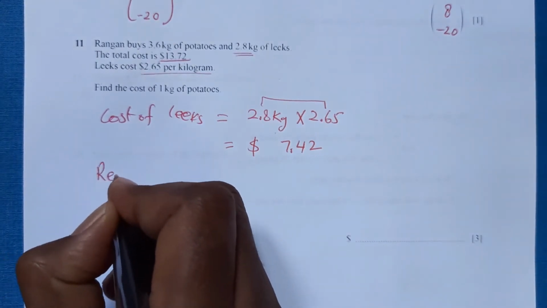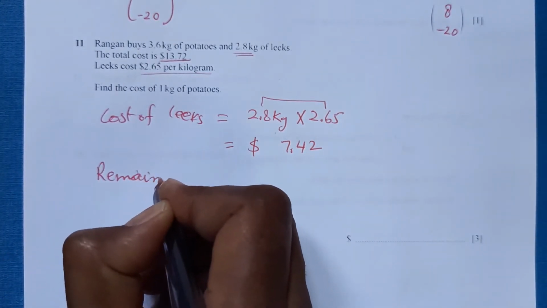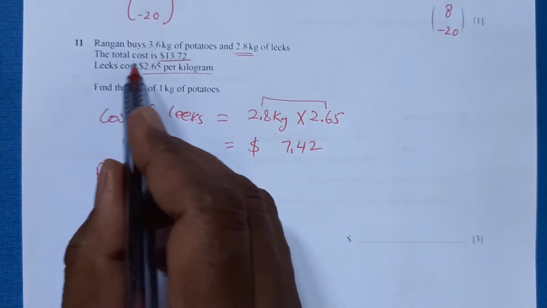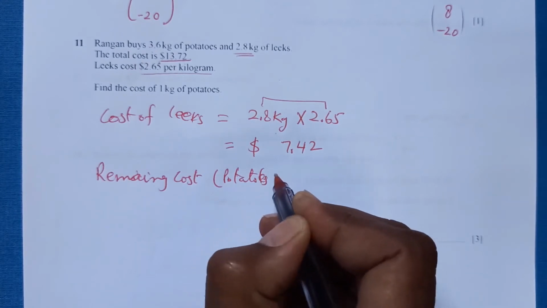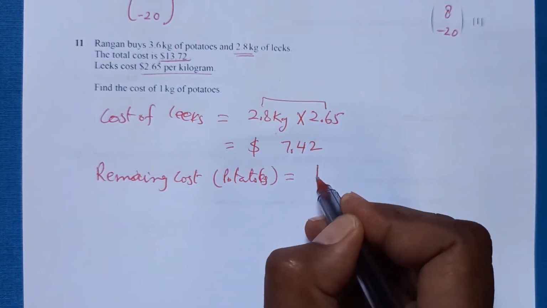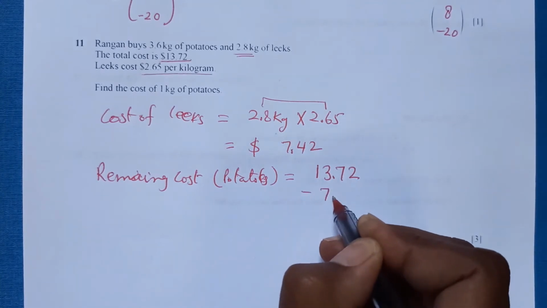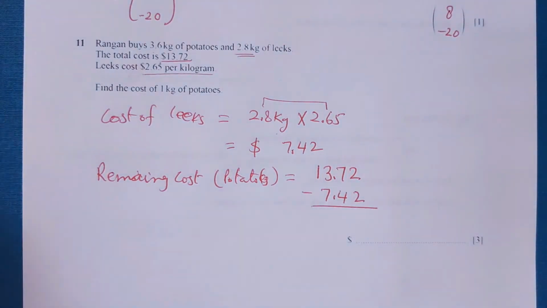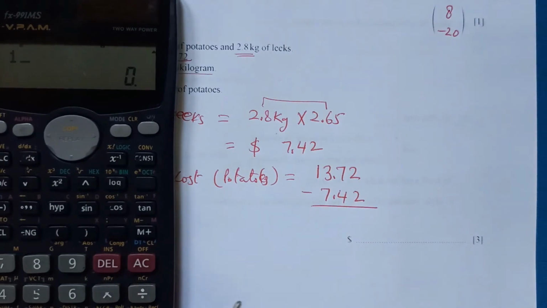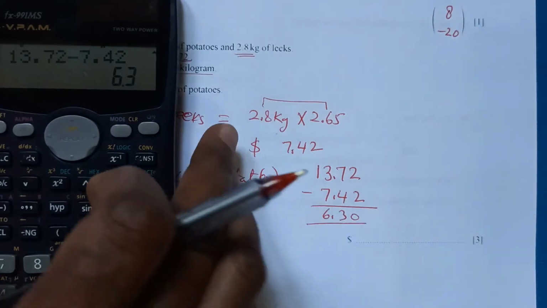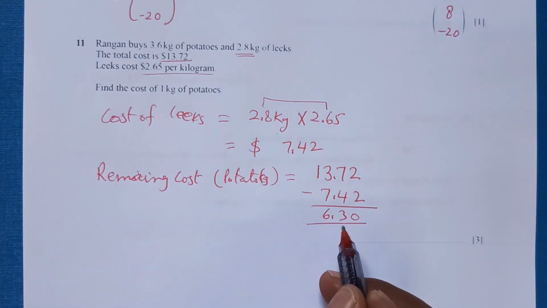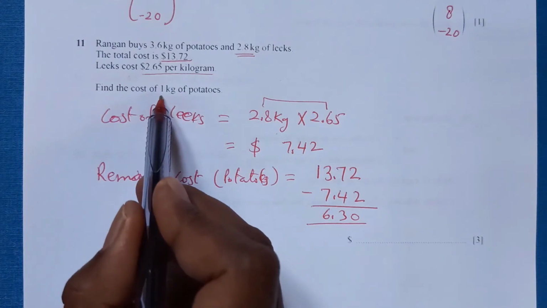Now the remaining cost will be the cost of potatoes. This is 13.72 minus 7.42. So this is 6.3. Okay, so this is the cost of potatoes, and we don't know the cost of 1 kg.